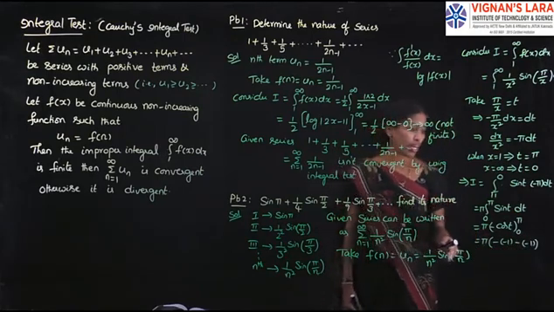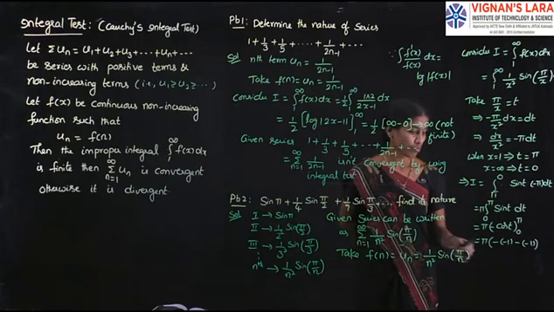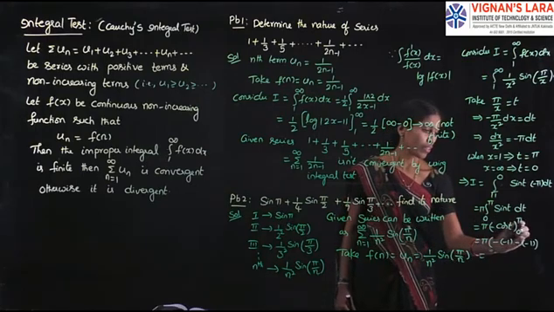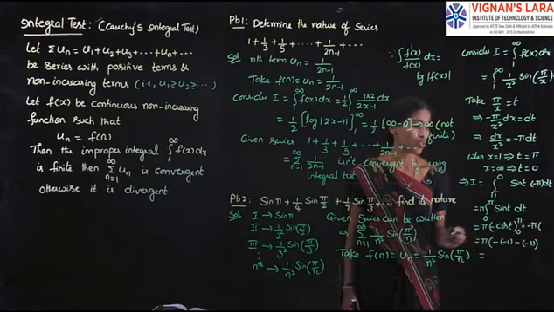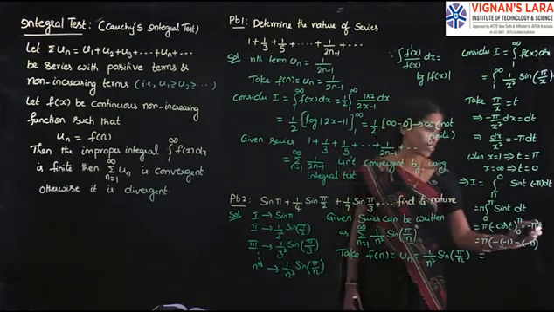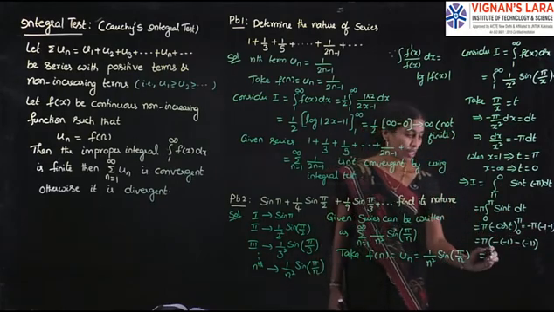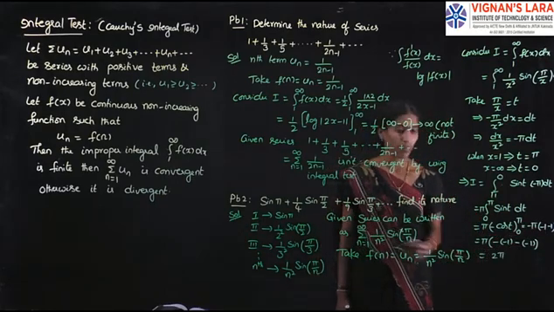Here the negative sign is already there. If you have any confusion, write it before, then substitute. Cos pi is minus 1, cos 0 is 1. So, it is 2 into pi.